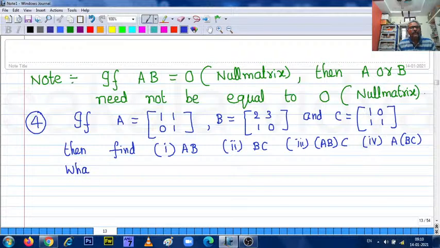What do you observe? Can you solve this question?